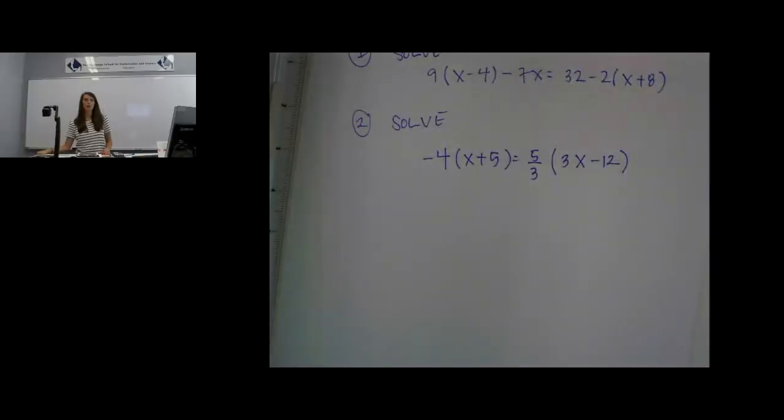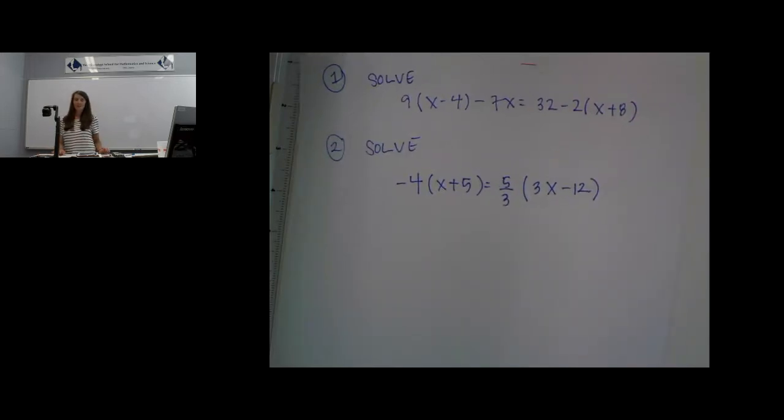But before we get started, I do want to review what we went through yesterday and work through those problems. Sorry, my camera is doing funny things right now. So, okay, with this, I want you to solve: 9 times (x minus 4) minus 7x is equal to 32 minus 2 times (x plus 8).